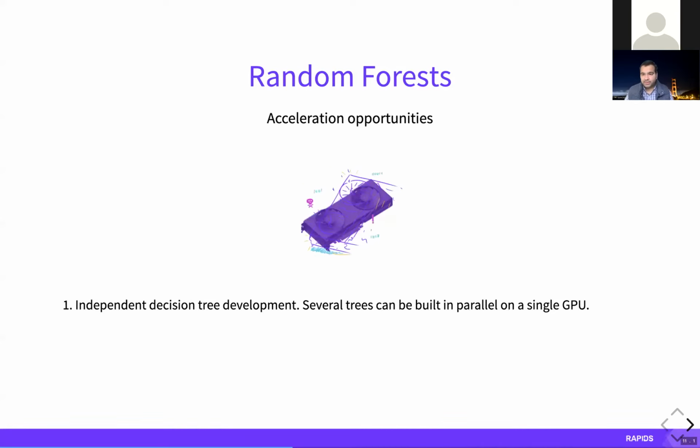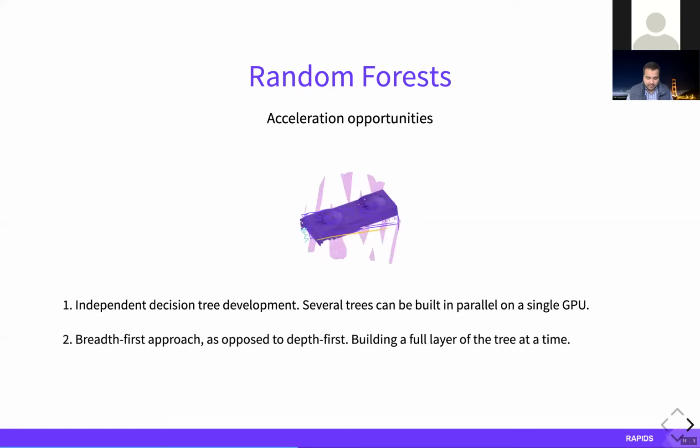The other thing to notice is that in the sklearn implementation, you usually have depth first development of a tree. Just like depth first search, you go one depth at a time, figure out what the split should be, and then go again. But in GPUs, you can do a breadth first search.